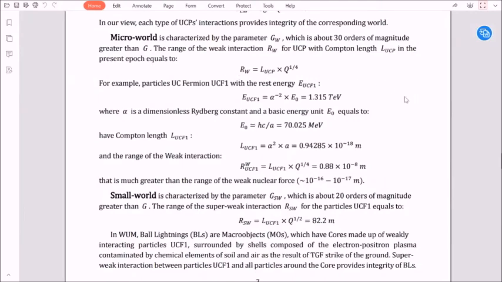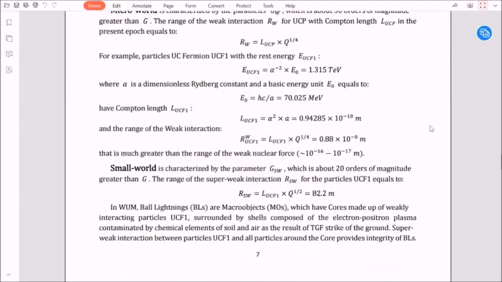For example, particles UC fermion UCF1 with the rest energy 1.3 tera-electron volts, where alpha is a dimensionless Rydberg constant and the basic energy unit E0 equals 70 mega-electron volts, have Compton lengths about 10^-18 meters, and the range of the weak interaction about 10^-8 meters. That is much greater than the range of the weak nuclear force, which is about 10^-16 to 10^-17 meters.